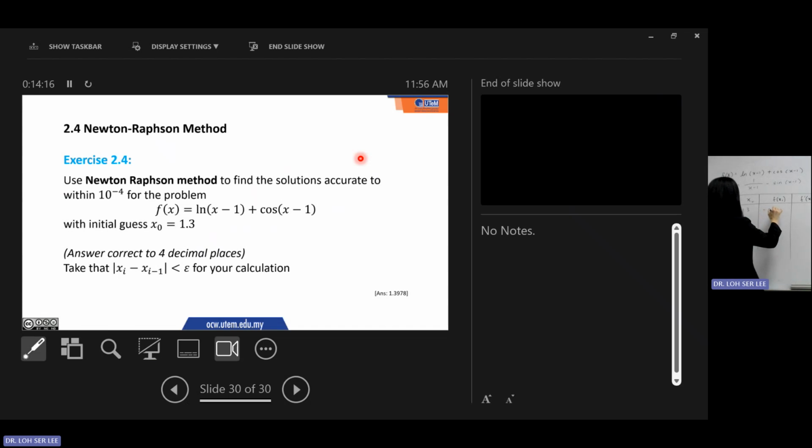Negative 0.2486. Then 1 over 0.3 minus sin 0.3, 3.0378.